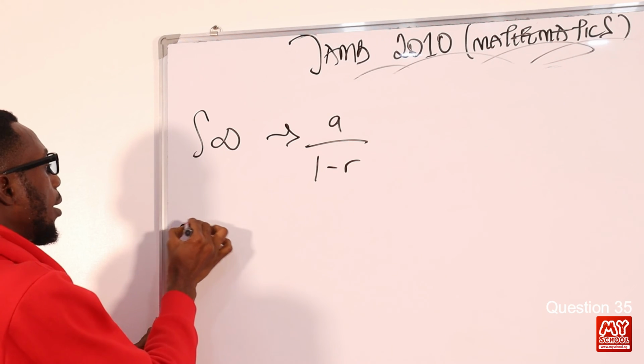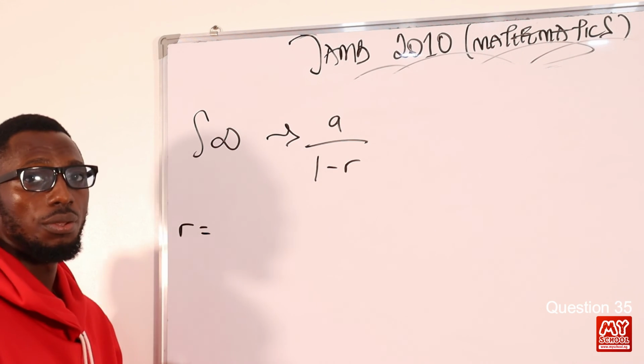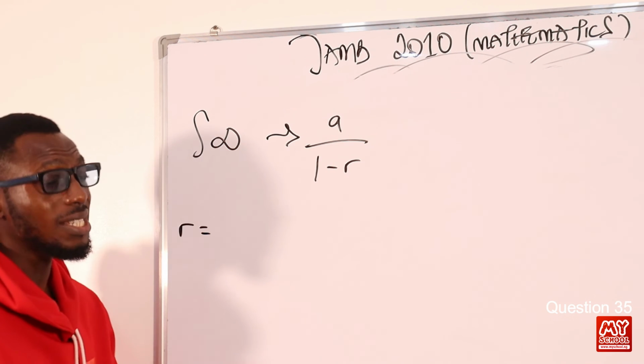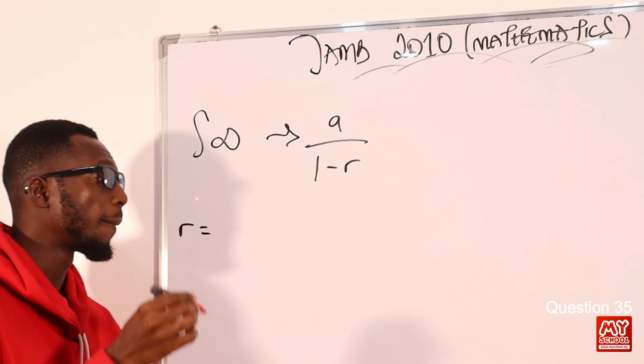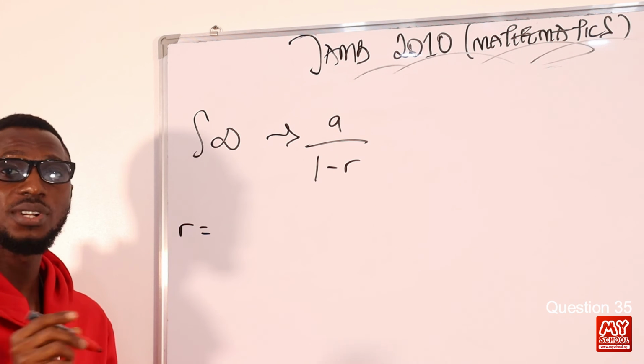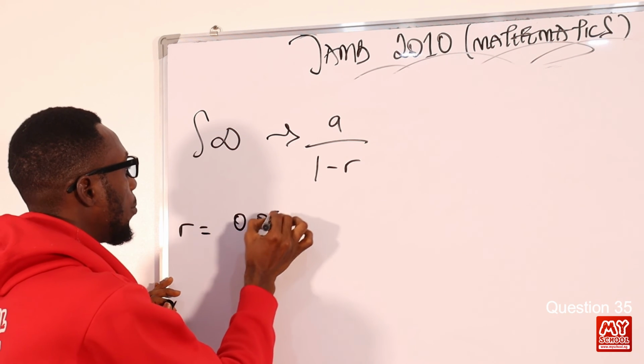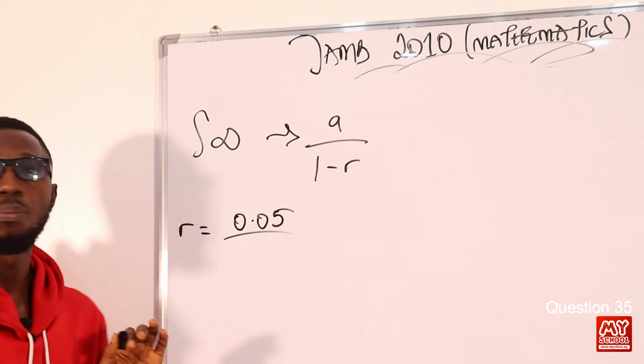Remember our common ratio: you can use your second term over your first term, or your third term over your second term, or your fourth term over your third term. Let me pick the second and the first term. The second term is 0.05 over 0.5.